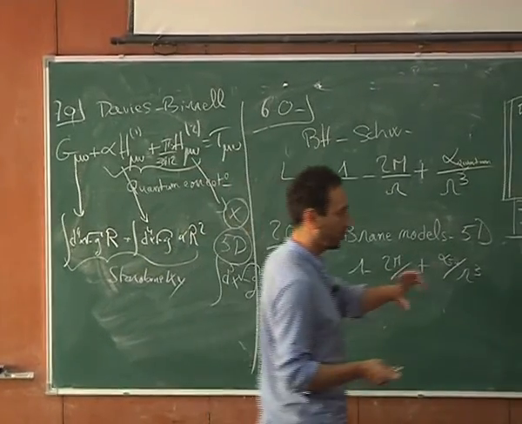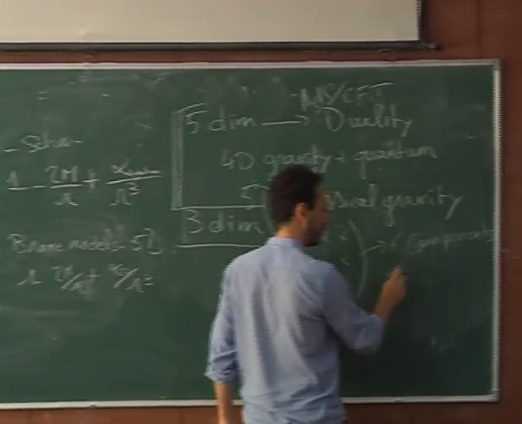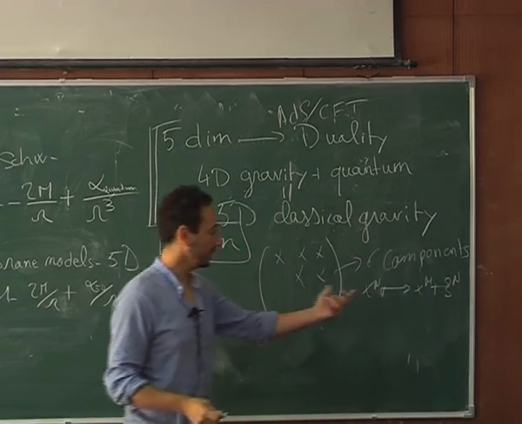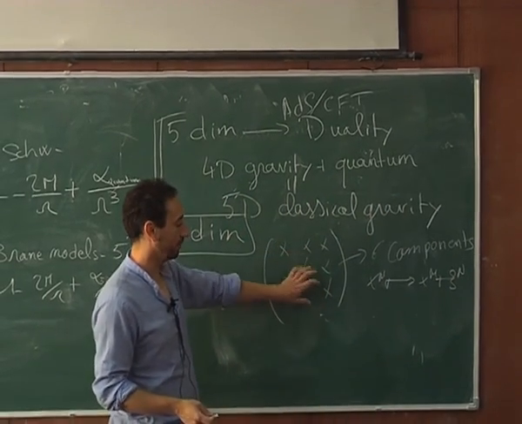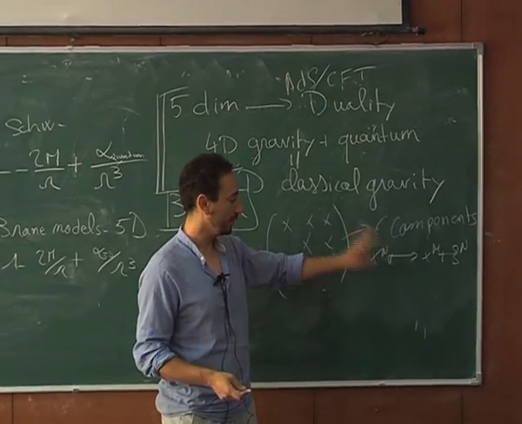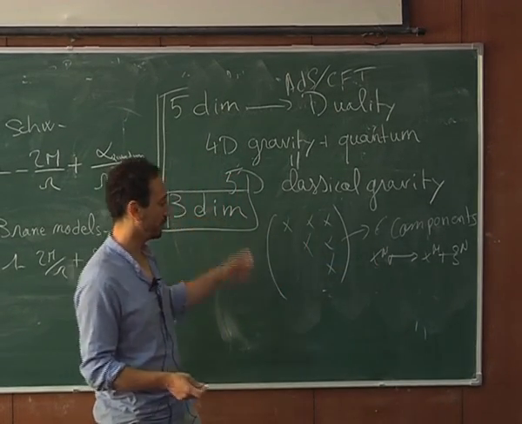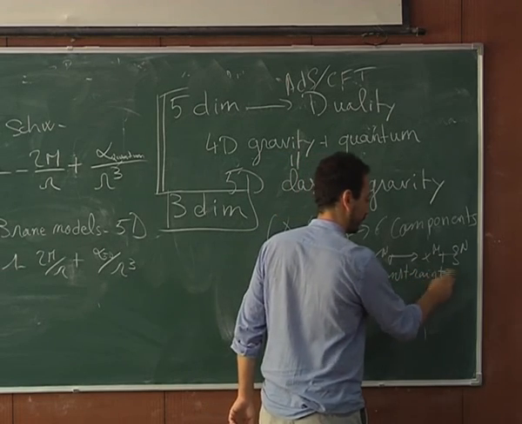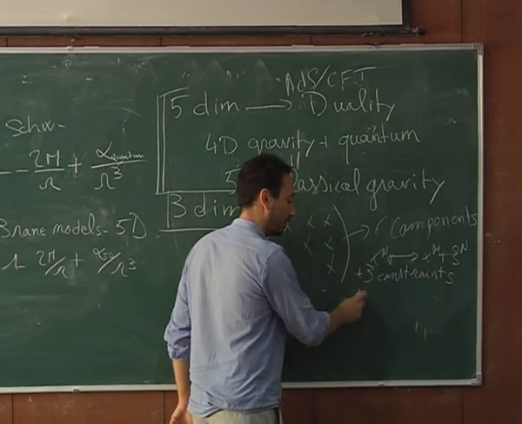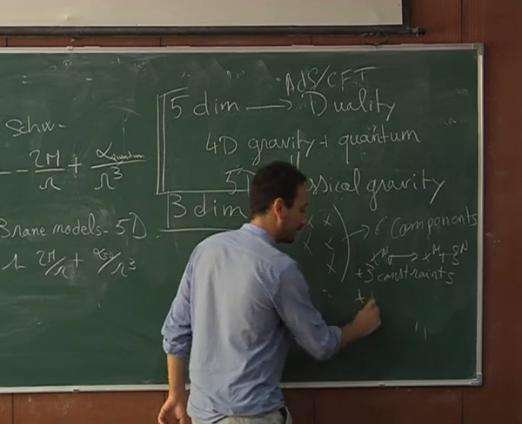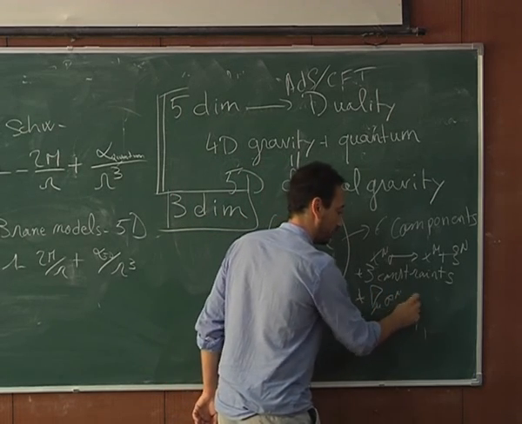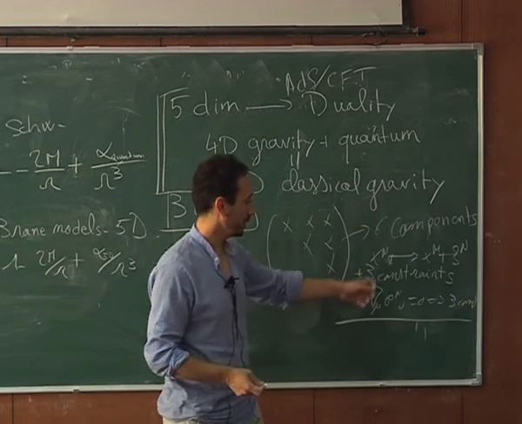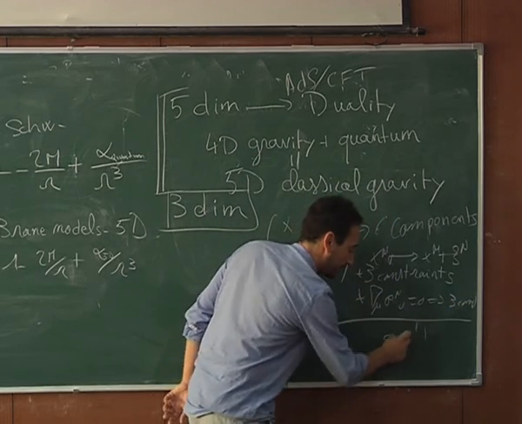First of all, you can always change your coordinate system, and changing the coordinate system, you can always suppress some of them. How many coordinates do you have? There are 3 coordinates because we are in 3 dimensions. So this will bring 3 constraints. At the same time, we have what is called the Bianchi identity, which also brings 3 constraints. So you have 6 constraints, you have 6 components, you have 0 degrees of freedom.